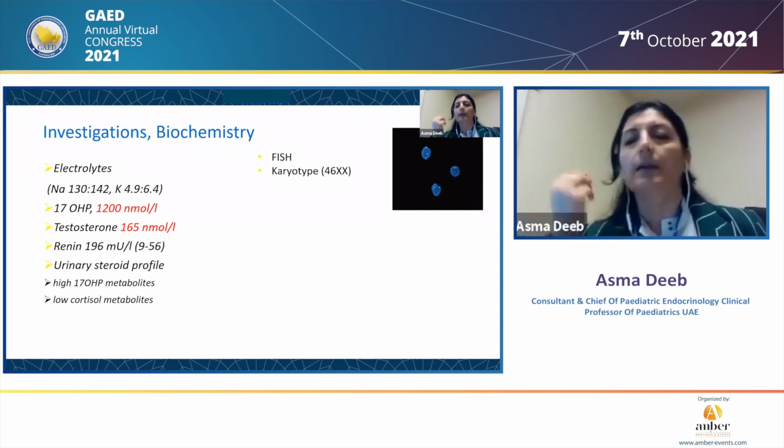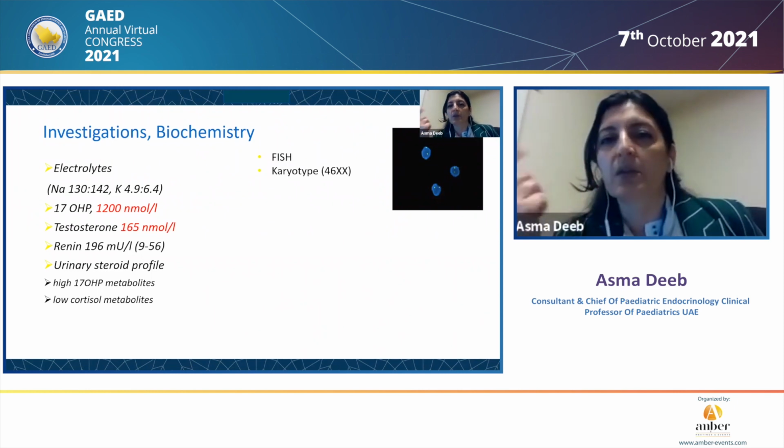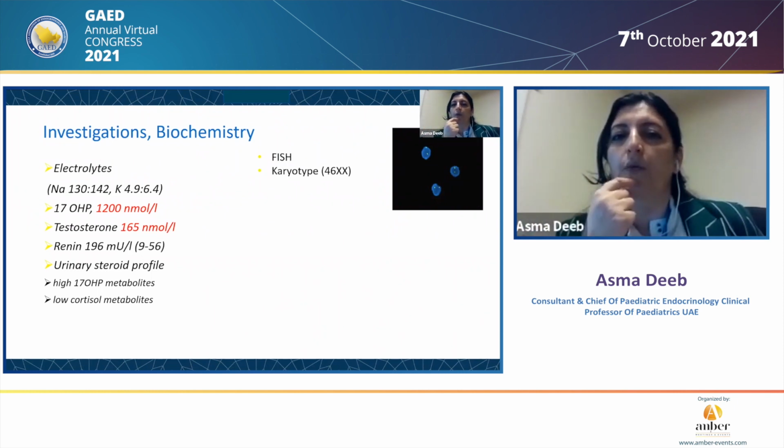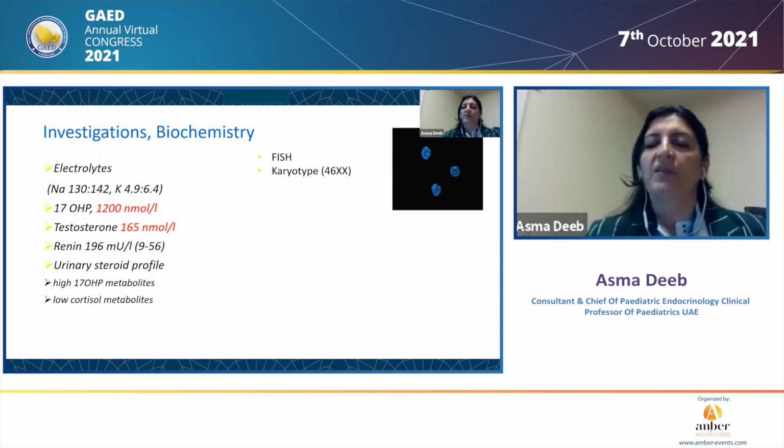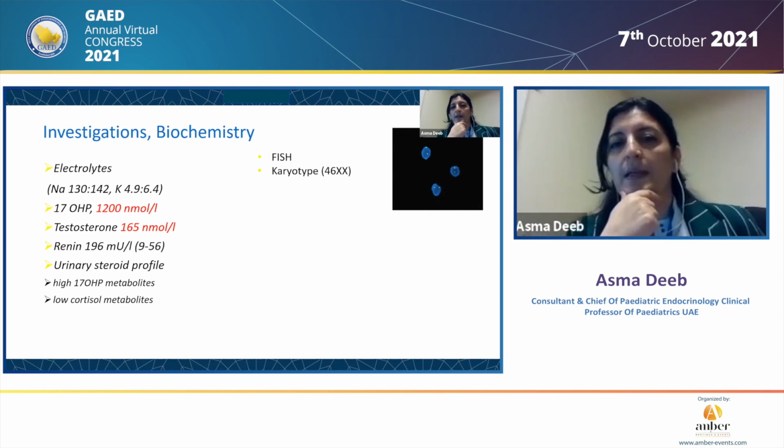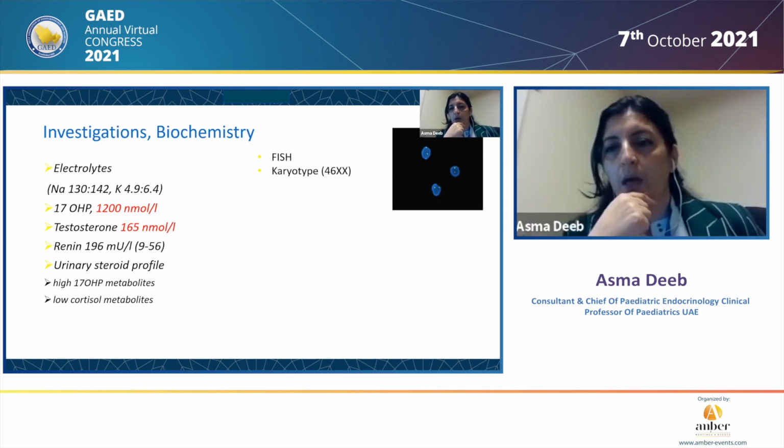Considering that the karyotype needs some time to get the results, we did a FISH test for this baby, fluorescent in situ hybridization test for the X chromosome, utilizing X chromosome probes. As you can see from the results of the FISH in the picture, you can see 2 dots in each cell indicating XX.